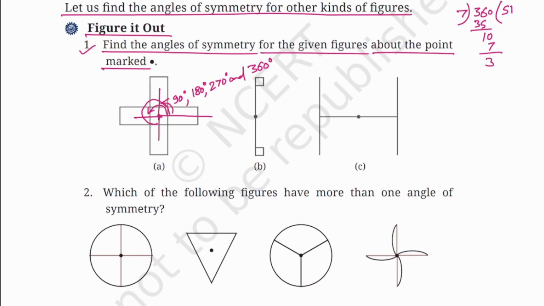And for the figure B, there will be no angles of symmetry except 360 degrees. For C, there will be two angles of symmetry, 180 degrees and 360 degrees.